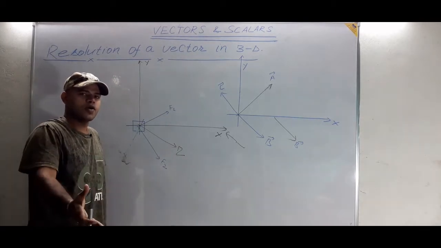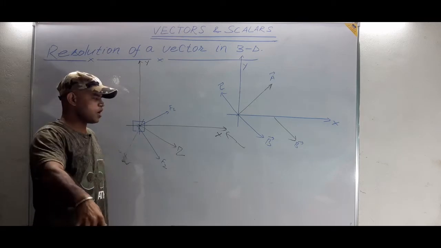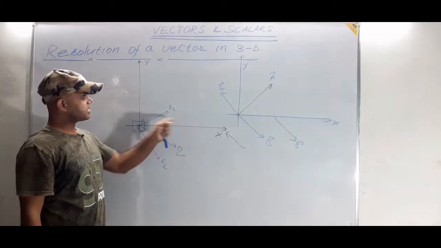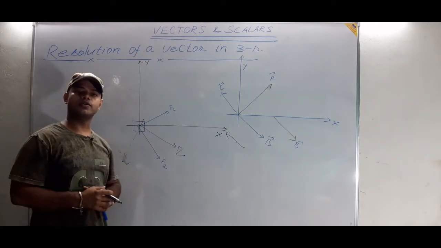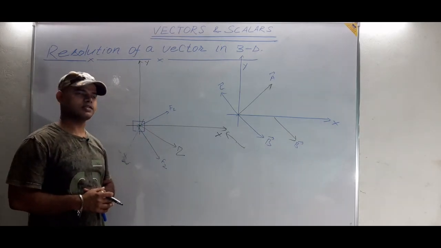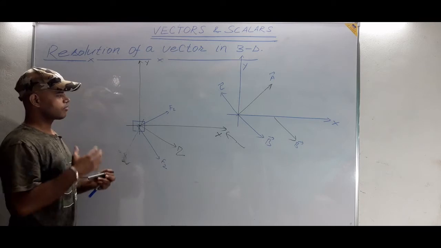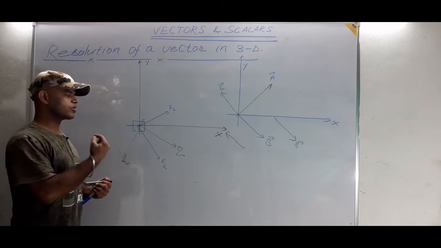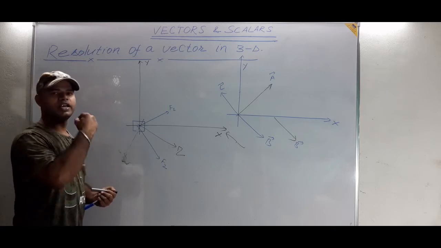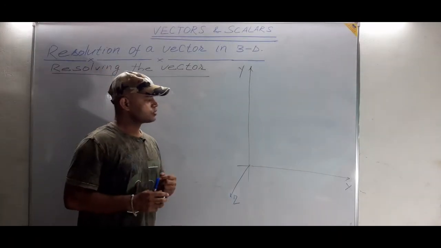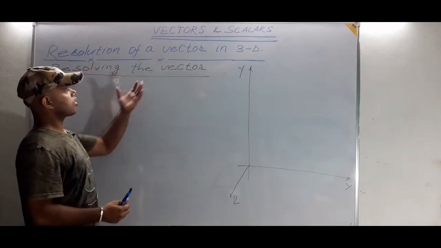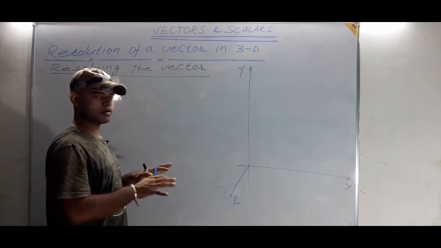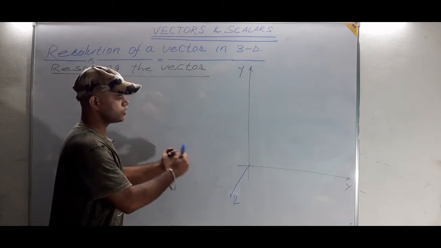I'll show you how, but you have to know for right now that you can resolve any vectors simply by taking one line perpendicular to the plane of the board, right? So this is what we are going to do, resolution of a vector in 3 dimensions. Now we will see how to resolve a vector in 3 dimensions. We have understood why we need to resolve the vector in 3 dimensions. Now we are going to do it.